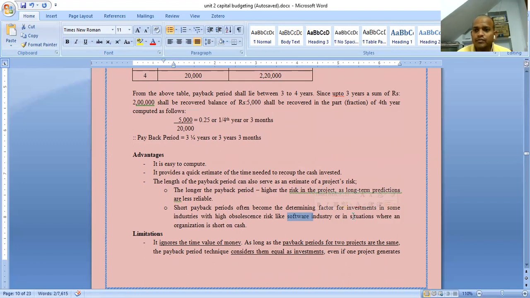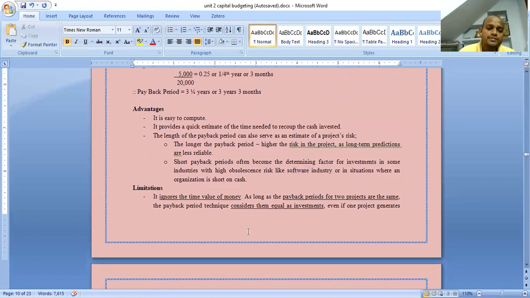Immediately after a few days, the next version is coming. So alterations in hardware, modification, competition, it is very difficult. So always they prefer a payback period of shorter duration.